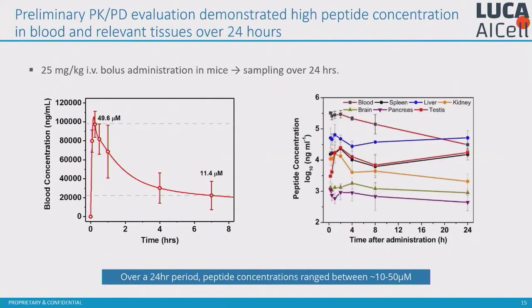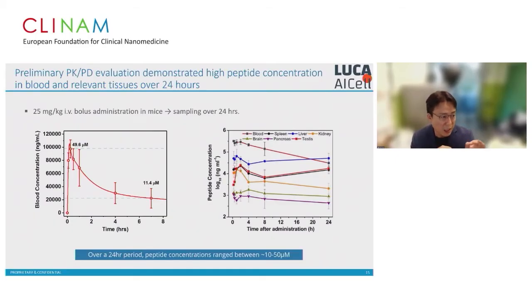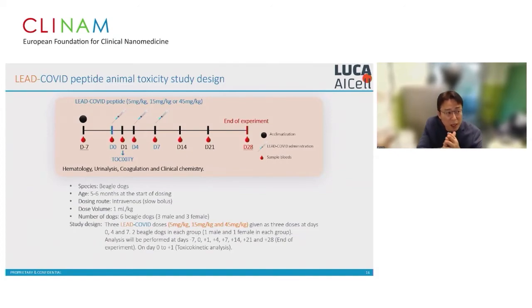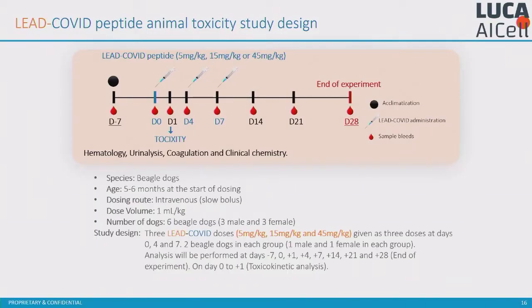And then we also did a PK/PD evaluation for this peptide. You can clearly see that with 25 milligrams per kilogram IV administration in mice over 24 hours, the peptide concentration ranges between 10 and 50 micromolar, while the efficacy range is nanomolar. We then directly designed the animal toxicity study, shown here, with intravenous dosing in 6 beagle dogs, 3 male and 3 female.